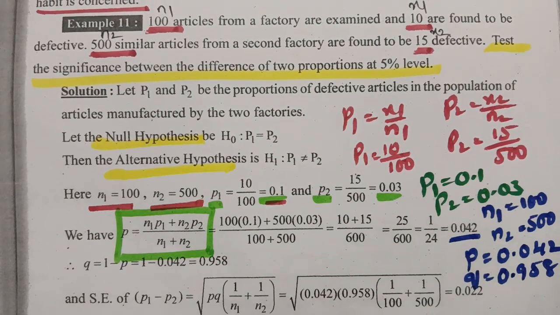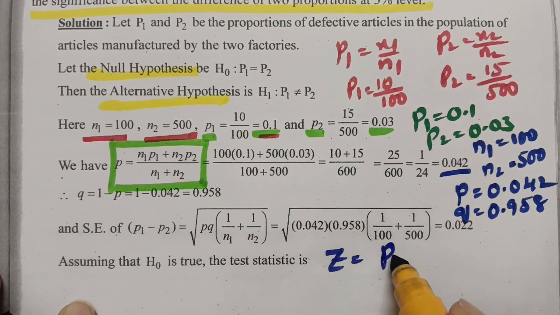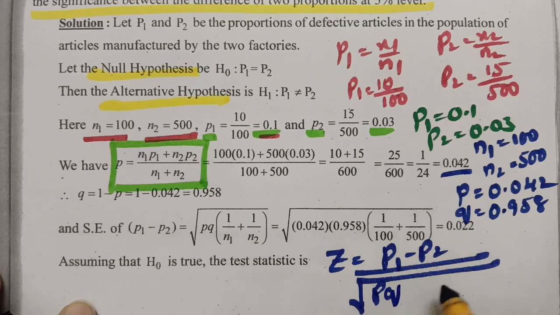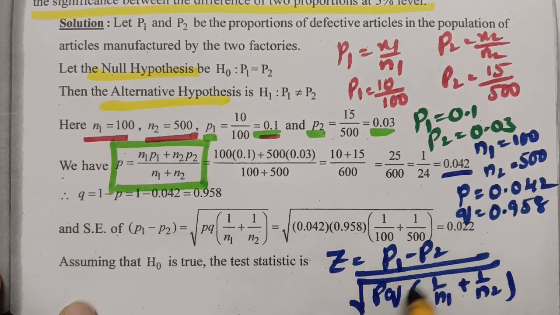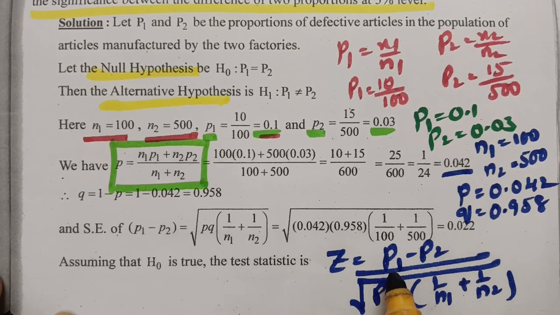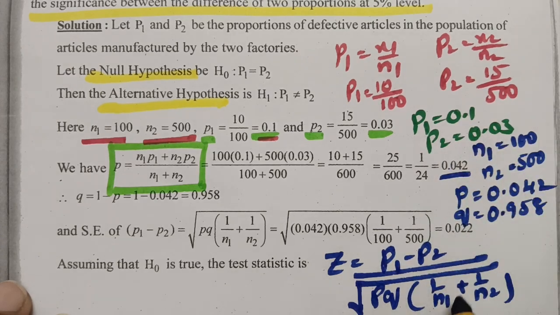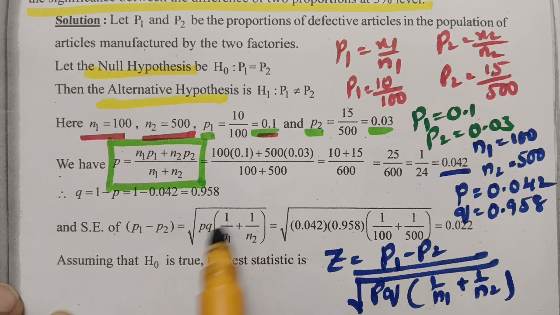And here is the formula for the test statistic: Z is equal to (P1 minus P2) by root over PQ into (1 by N1 plus 1 by N2). P1 value is 0.1, P2 value is 0.03. Now solve root over PQ into (1 by N1 plus 1 by N2). What is PQ?